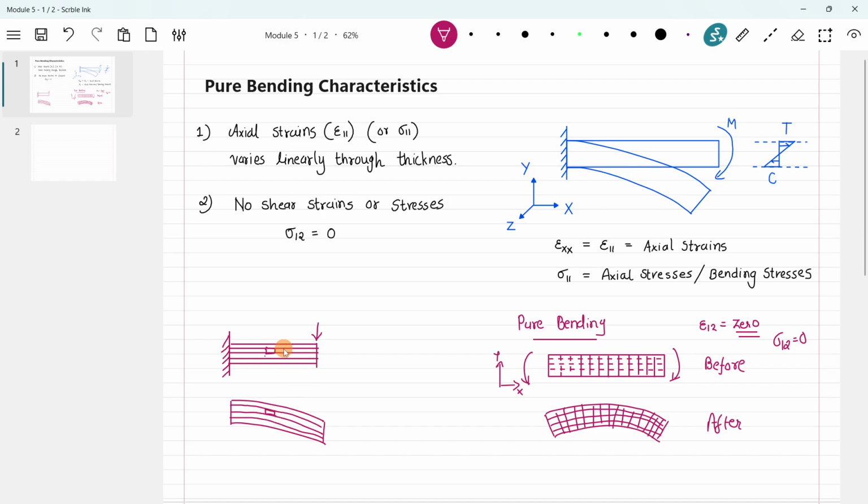It undergoes a deformation something like this. Okay. So let me zoom out here. The element which was earlier of this shape will deform something like this. Okay. So there is a change in angle between these perpendicular lines. So there is a shear here. So we can say that in this case epsilon 12 or sigma 12 is not zero.